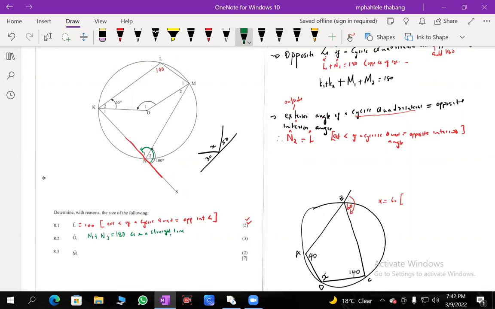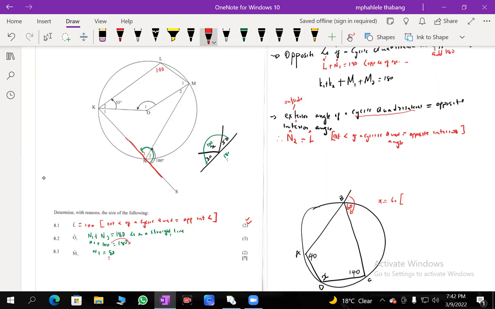Good, because all these angles are on a straight line, so they should add up to 180. N1 is 80. Therefore N1 plus 100 equals 180, so N1 equals 80 if you take 180 minus 100.